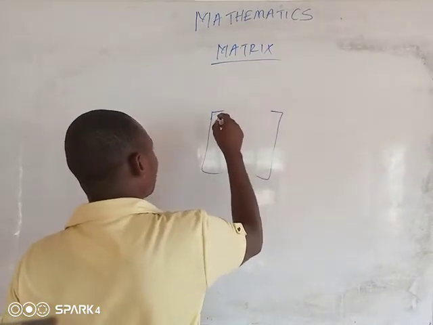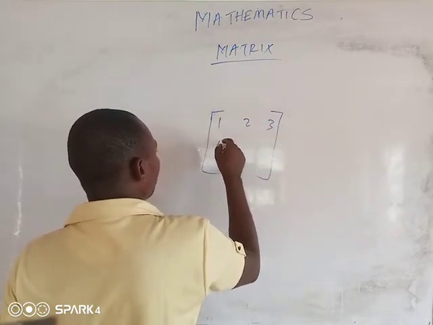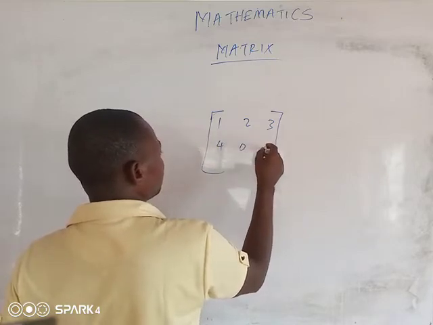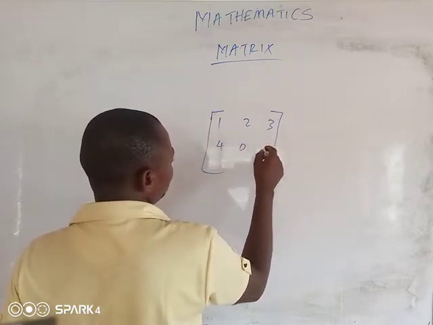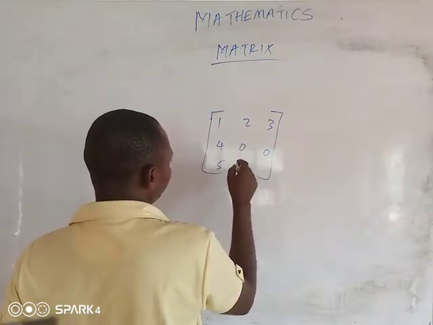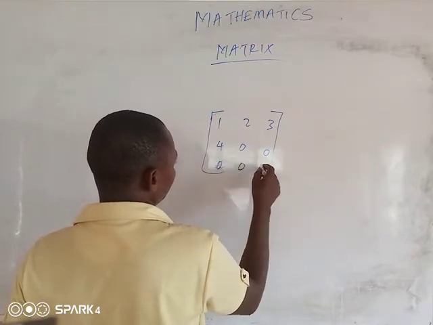Let's say we have 1, 2, 3, 4, 4, 0, 0, 5, so that is 0, 0, 0.